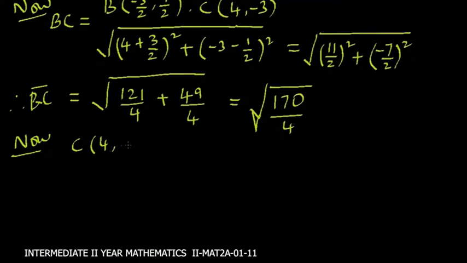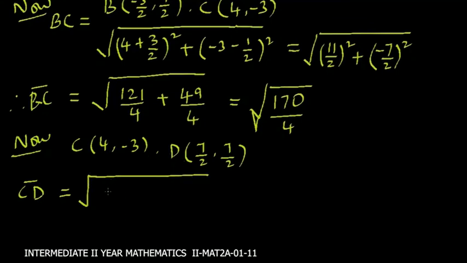Let us take C (4, -3) and D (7/2, 7/2). Now CD: x2 minus x1 is 7/2 minus 4, and y2 minus y1 is 7/2 plus 3.